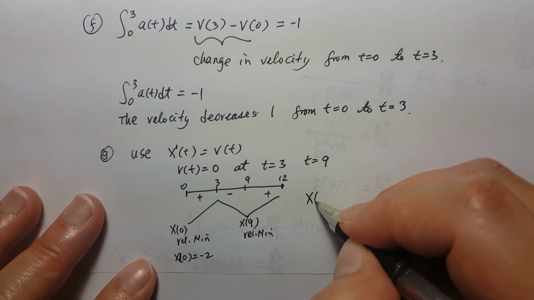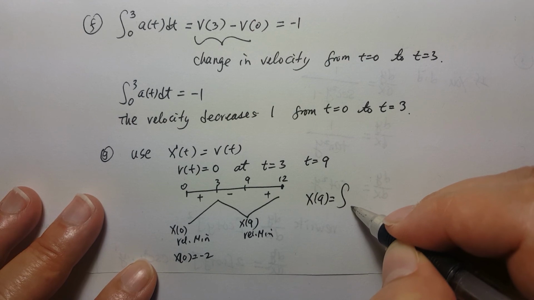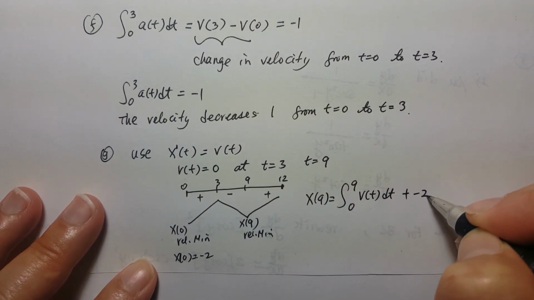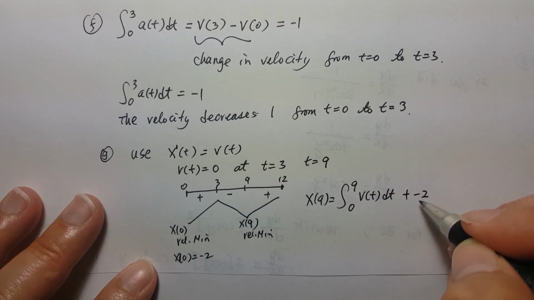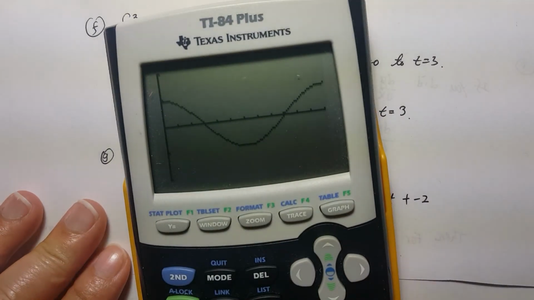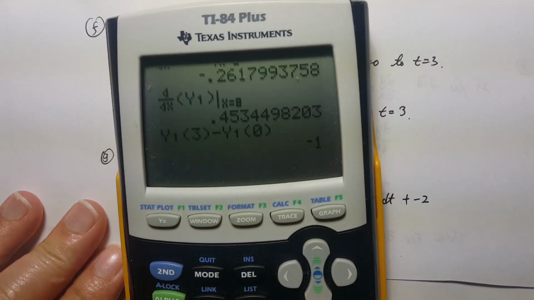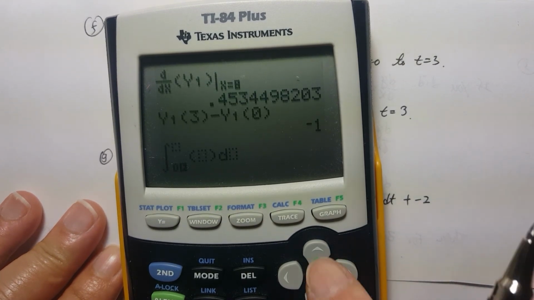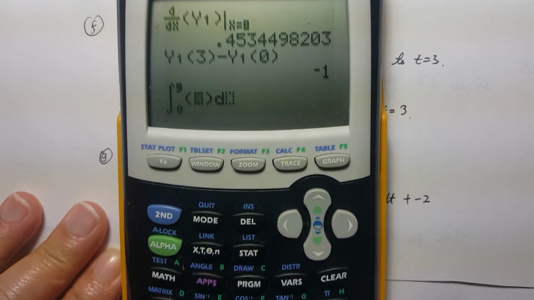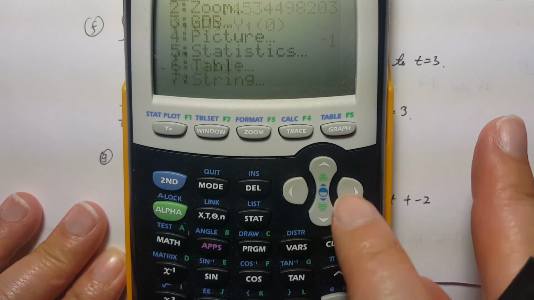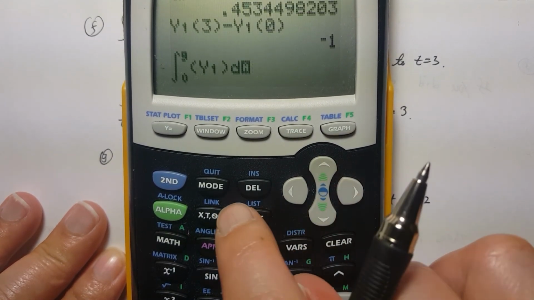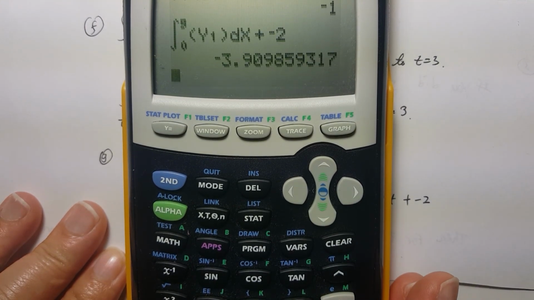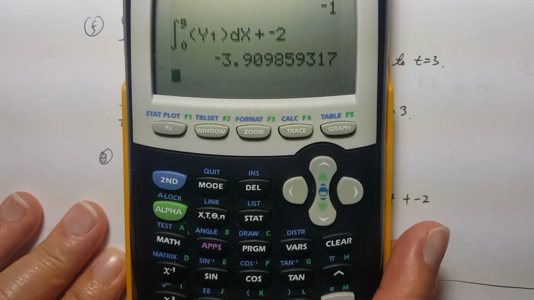So now we have x of 9 equal to the integral from 0 to 9 of v of t dt plus the initial amount. Displacement plus the initial amount. So we're going to use our calculator. So we do 0 to 9. Okay, so we get negative 3.9099.